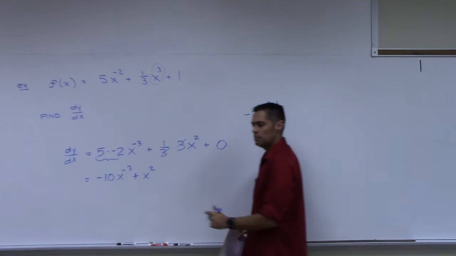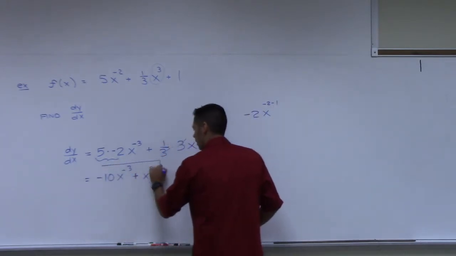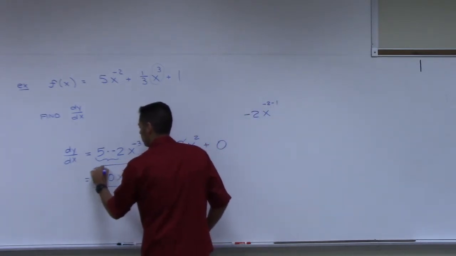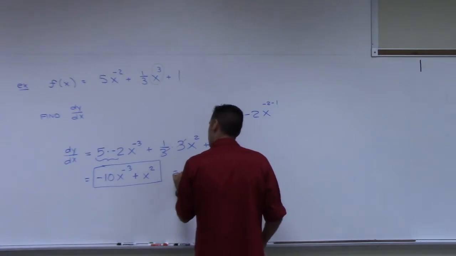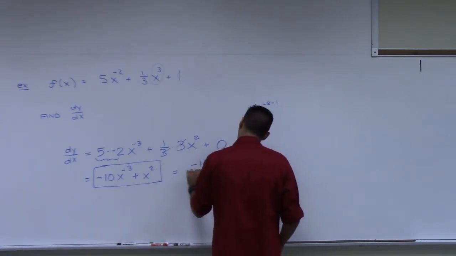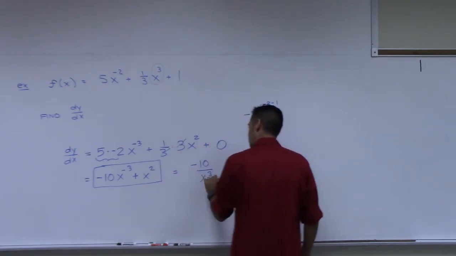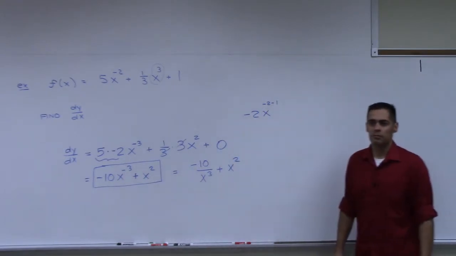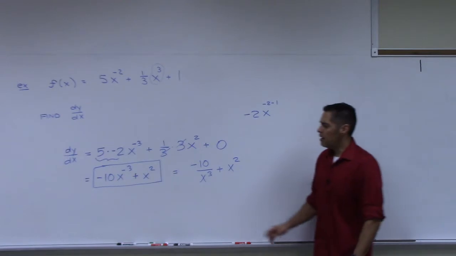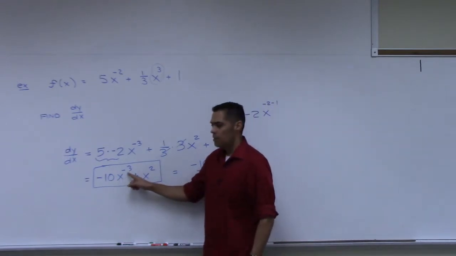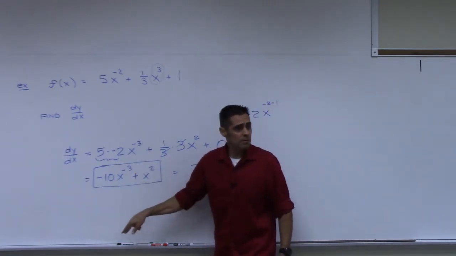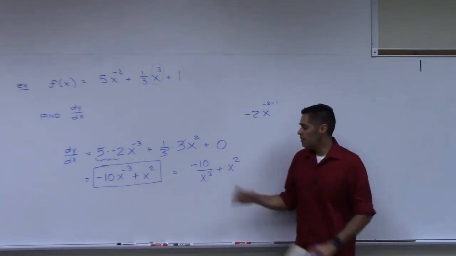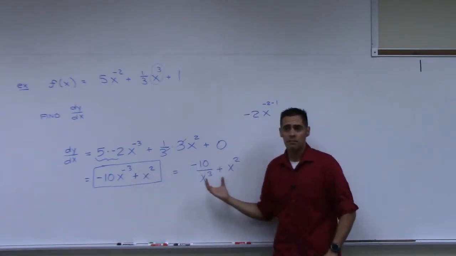So we're done. Now I also want to point out that this is the same answer. Just remember, if you have a negative exponent, you can drop it down and it becomes positive. So these are equivalent answers, aren't they? Okay.